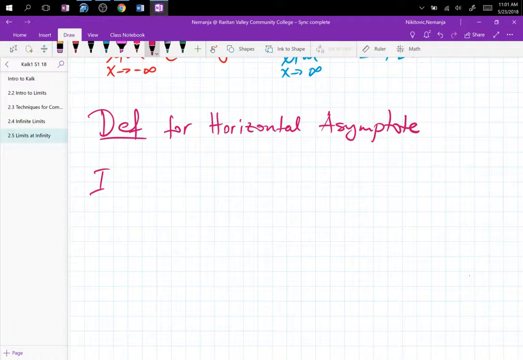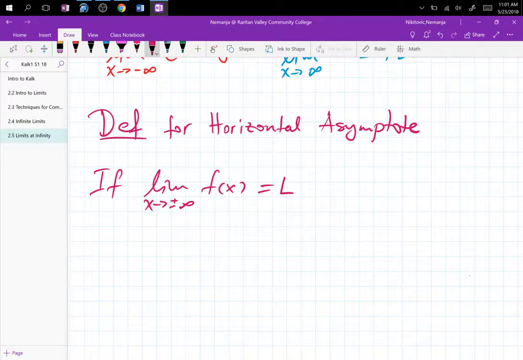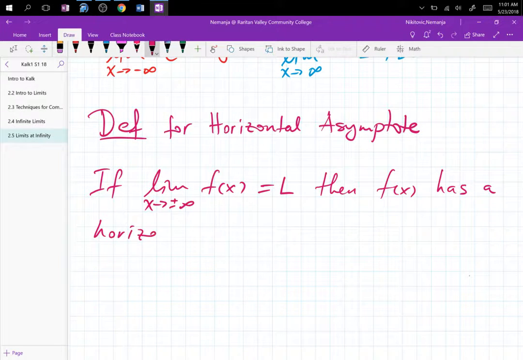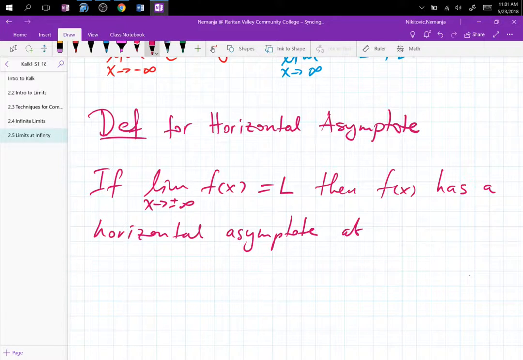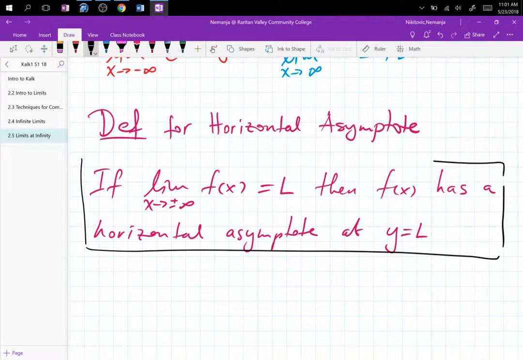If the limit as x goes to positive or negative infinity of f of x is equal to L, meaning a finite number, like 0 or 1 or 3/2, then f of x has a horizontal asymptote at y equals L. So now you have the limit definition for vertical and horizontal asymptotes.